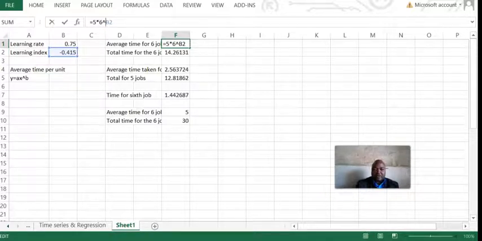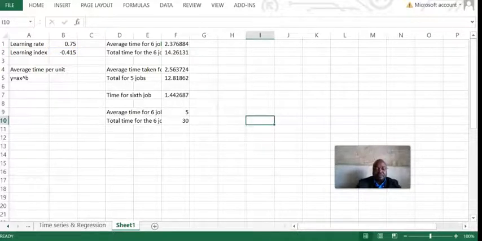This is our reference cell, so we just have to lock it with the dollar sign. Put a dollar sign there, and a dollar sign here. All right, the figures are the same.